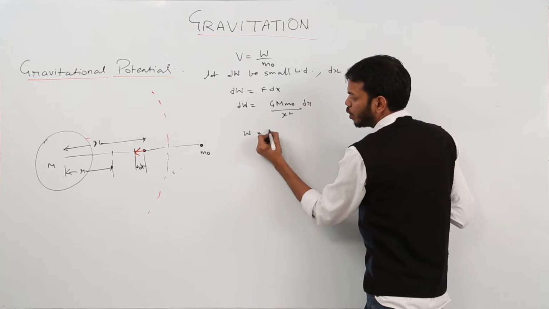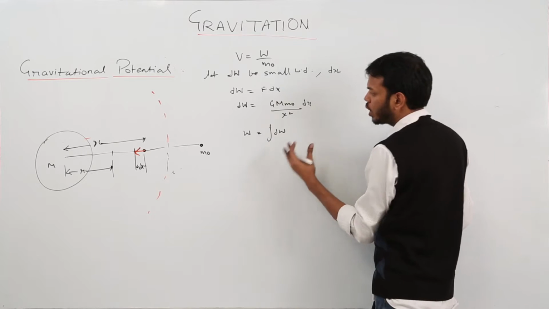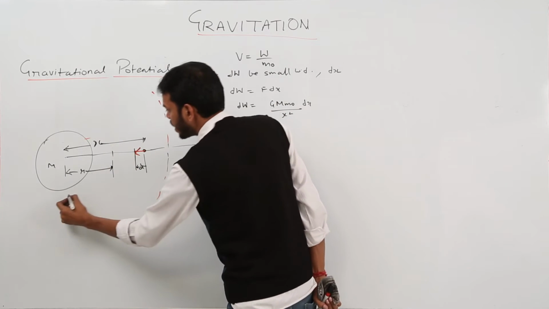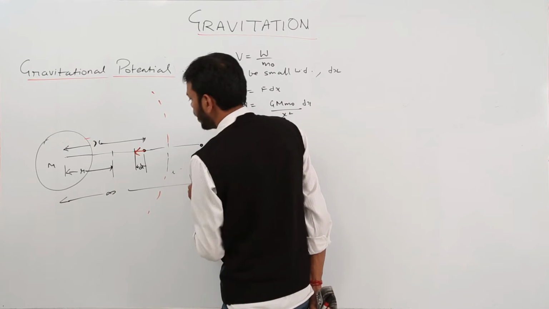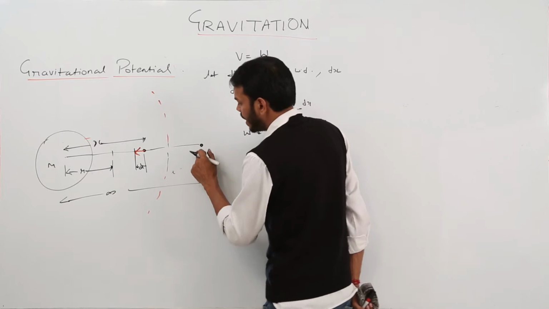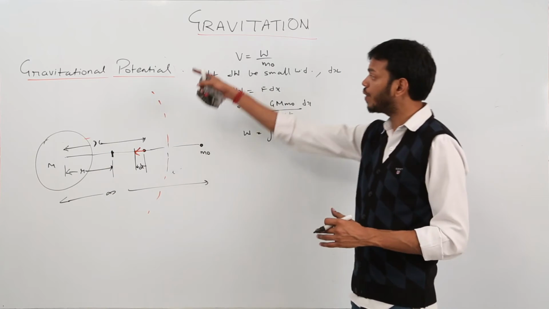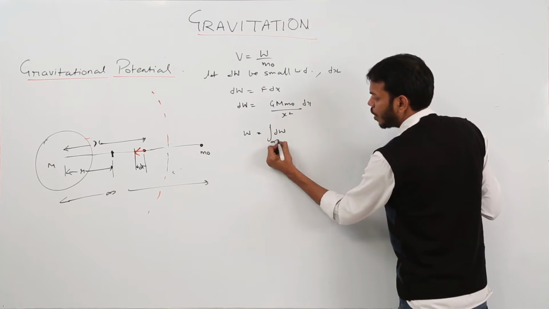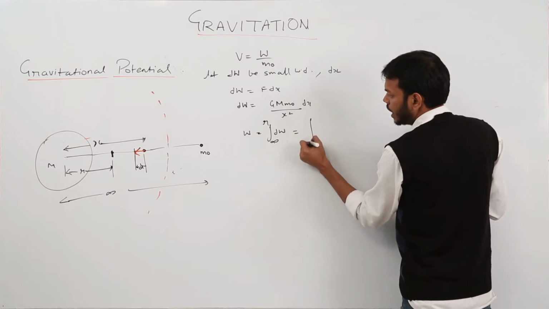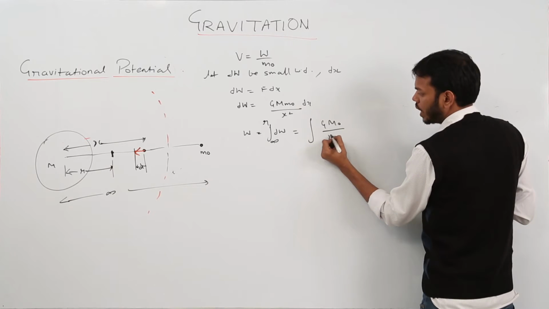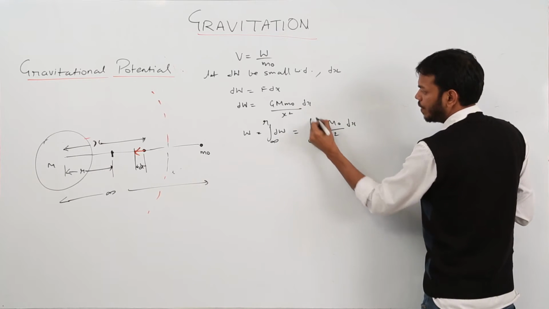So total work done would be the integration of dW from what limit to what limit? Initially the body was at infinite distance, and I am taking this body to distance r, the point at which I have to find the value of gravitational potential. So this is from infinity to r. Instead of dW, we write G M m0 over x squared dx from infinity to r.